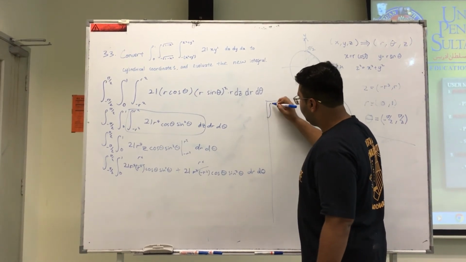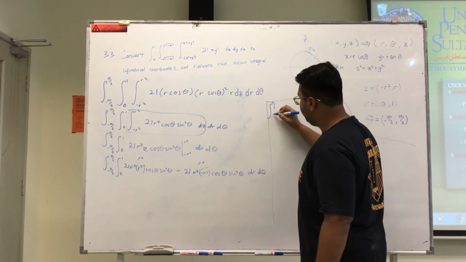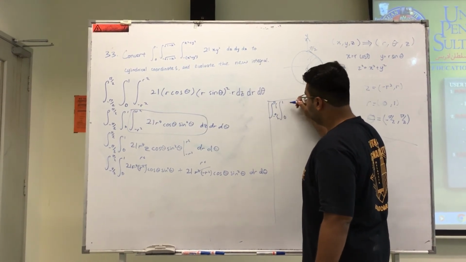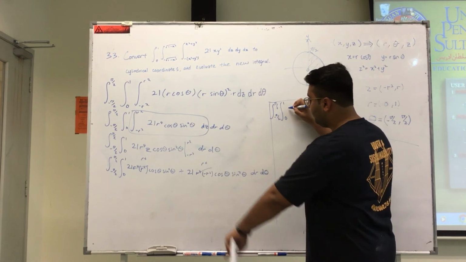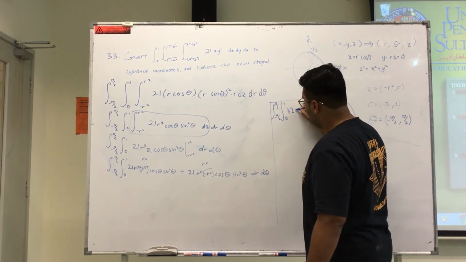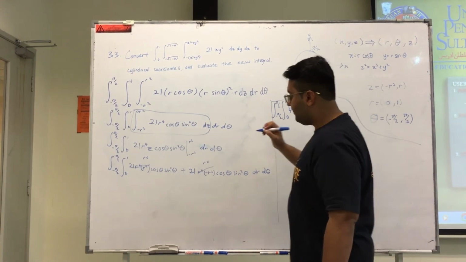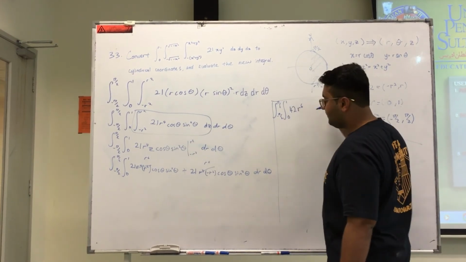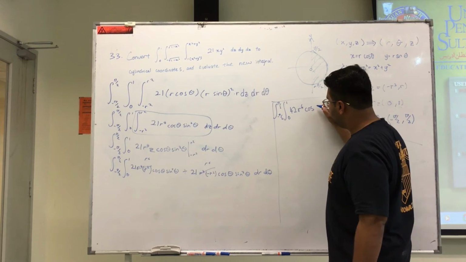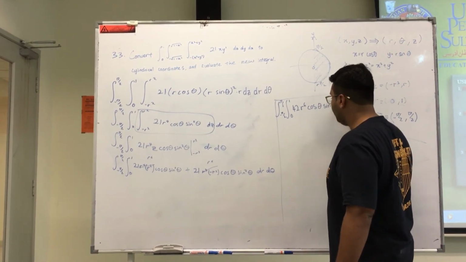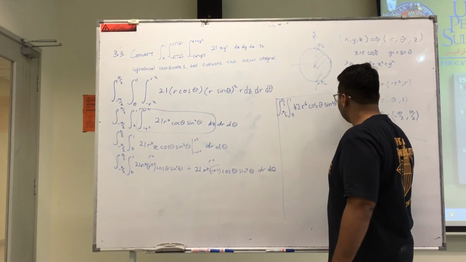At here, negative pi over 2, negative 1, 0, we add on 21 and 21, 42 r^6 cos theta sin square theta dr d theta.